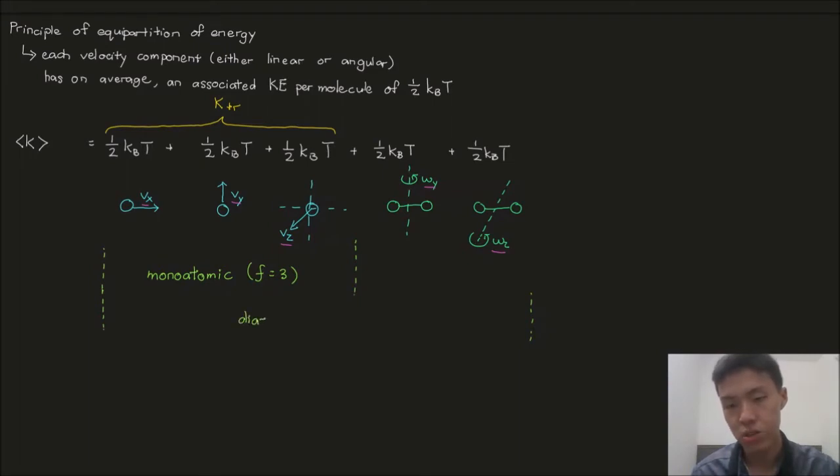So for diatomic molecules, your degree of freedom will be equal to 5. Okay, so that is for now. Why do I say 5? Why not just these two? It is because if you have diatomic molecules, you also have the particles moving in translational motion as well.